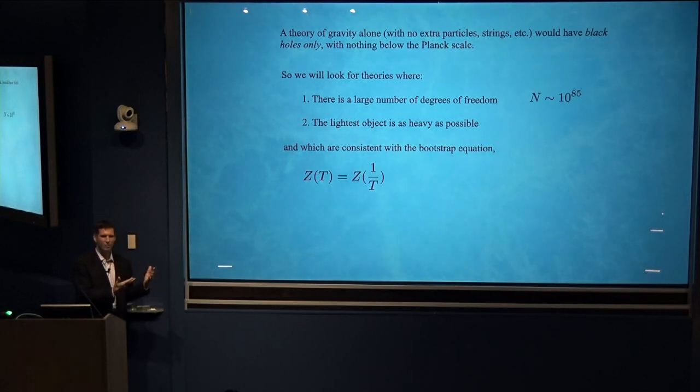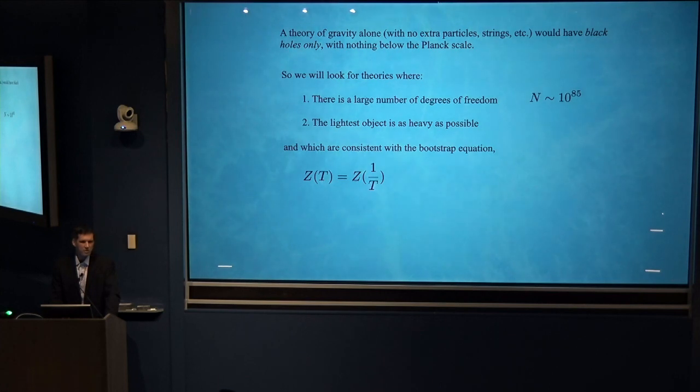Okay, so that's the power of the bootstrap, is that you take this problem of going out and looking for physics theories, and you replace it with this math problem of finding functions that satisfy the properties that you want. And that's a problem that, well, I mentioned these new powerful computational methods a few minutes ago.